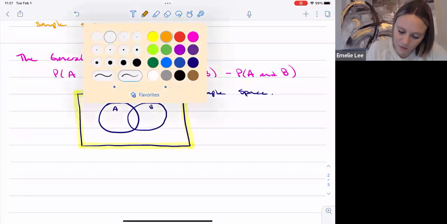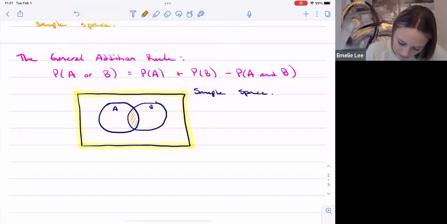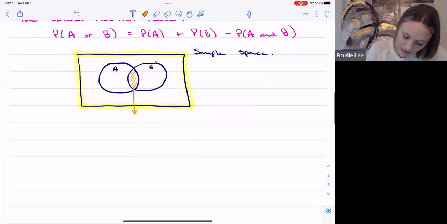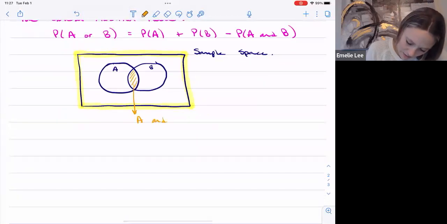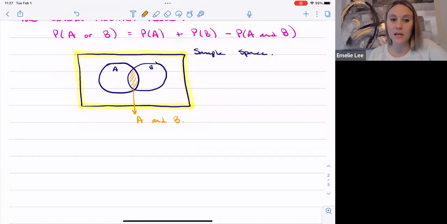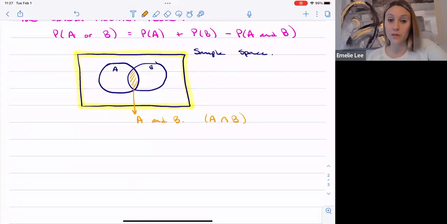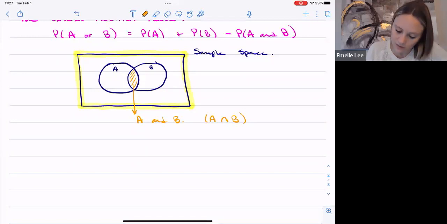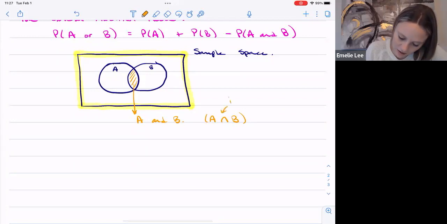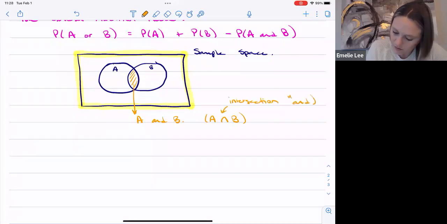And so this overlap is A and B when they happen together, which we also call the intersection, right? So A and B is the shorthand notation or the set notation that we use. So this is the intersection, which you read as and.